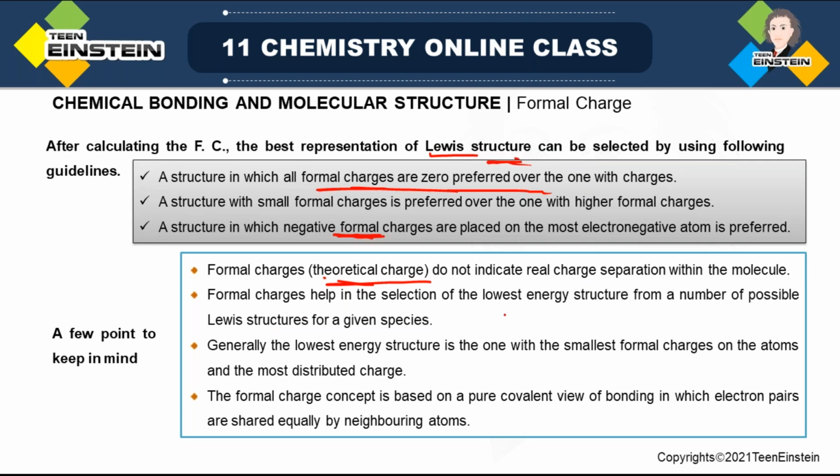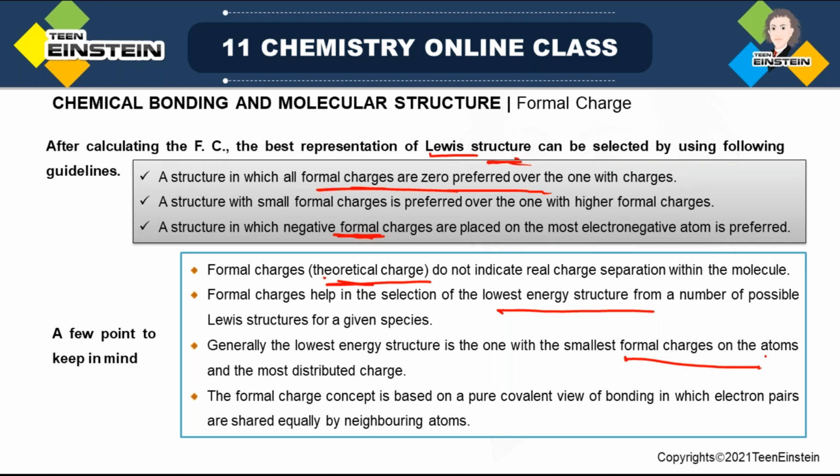Formal charges help in selecting the lowest energy structure from a number of possible Lewis structures for a given species. Just take the example of carbon dioxide that we saw in the last class. In one structure we give more preference, and that is obviously the lower energy structure, and lower energy structures are always preferred. Generally the lowest energy structure is the one with the smallest formal charge.